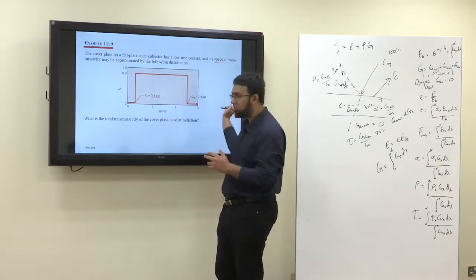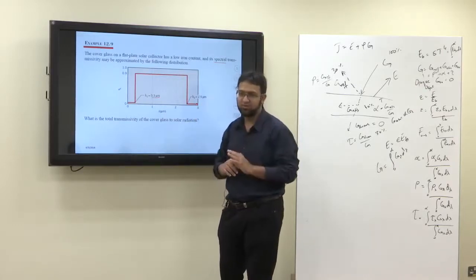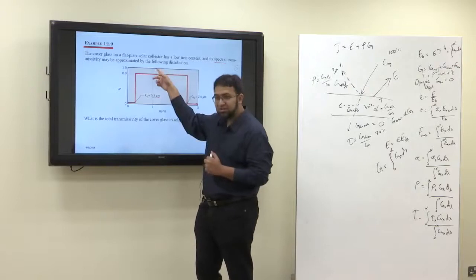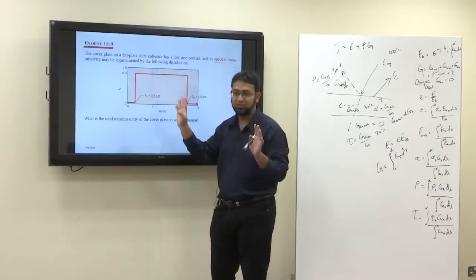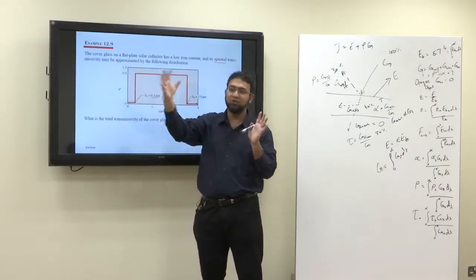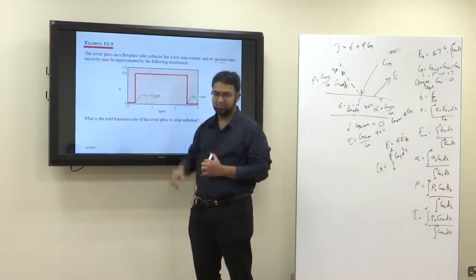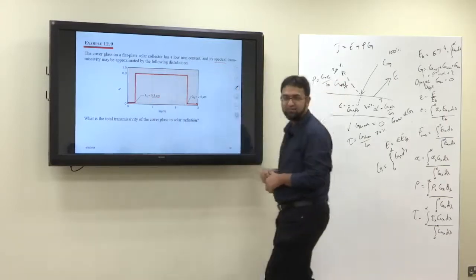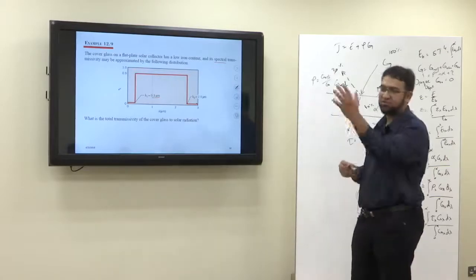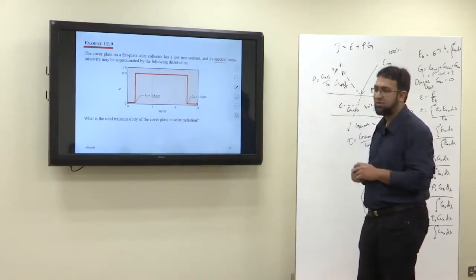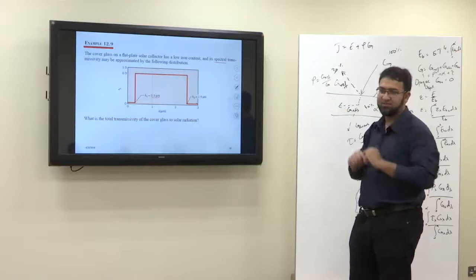Or if the wavelength is more than 2.5, it will not pass. And the transmissivity is also not full. It's not like all the energy coming is transmitted. It is 0.9. So 90% of the energy coming will be transmitted if it is between these wavelengths.